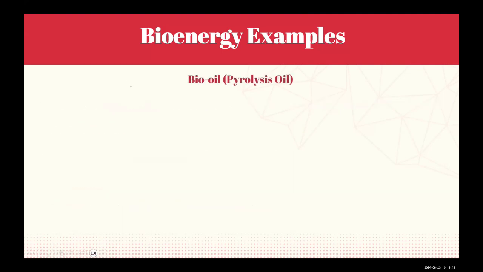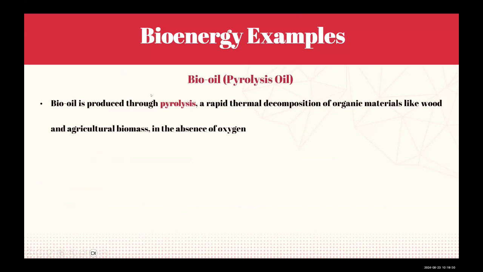Then we have bio oil or pyrolysis oil. I'm sure you've heard of pyrolysis oil in a previous lecture. Just to give a quick revision, pyrolysis oil is produced through a process called pyrolysis, which basically involves the rapid thermal decomposition of organic materials, such as wood and agricultural biomass, in the absence of oxygen.